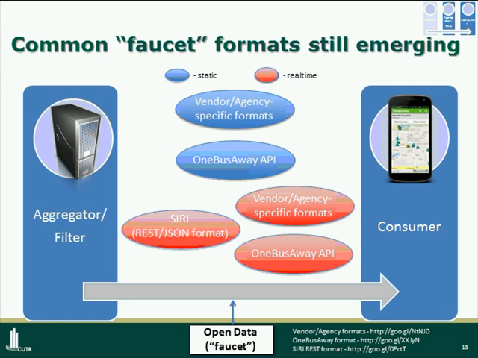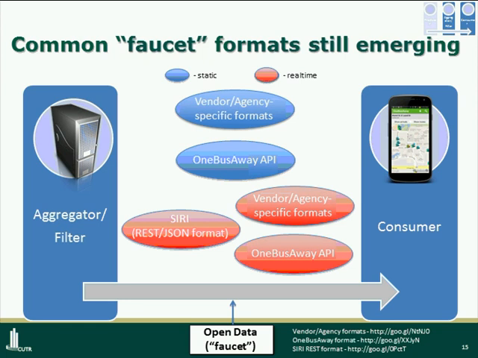So common faucet formats are still emerging. They're not quite as well defined as GTFS is on the fire hose side. In the realm of static information for faucet formats, we have a lot of vendor or agency specific formats.